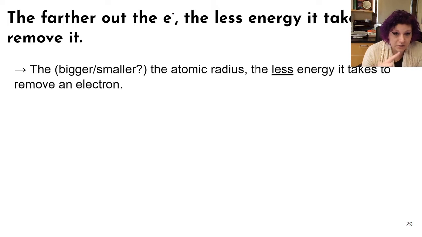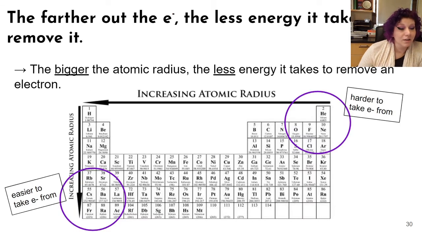So I just told you that the farther out the electron is, the less energy it takes. So is that a bigger or smaller atomic radius? Hope you said bigger, right? Because then it's spread out. So the bigger the atomic radius, the less energy it takes to remove an electron.